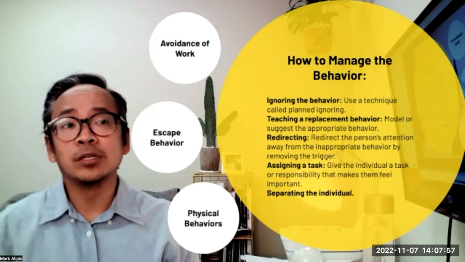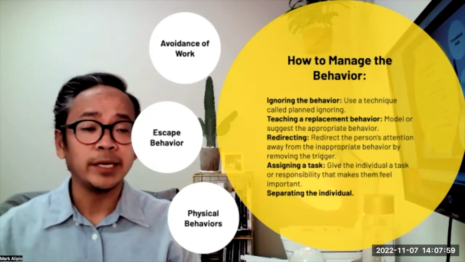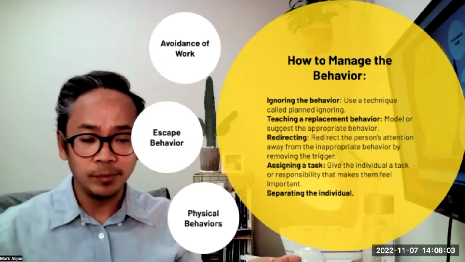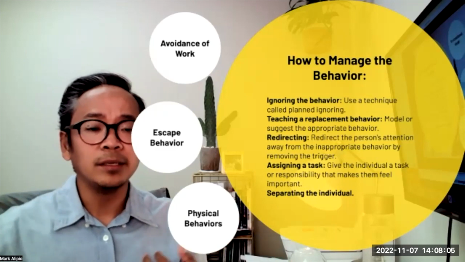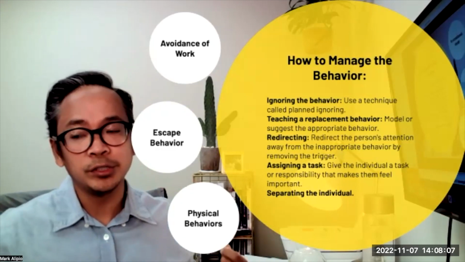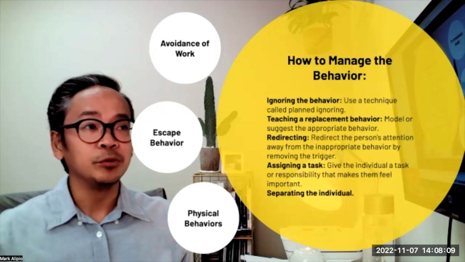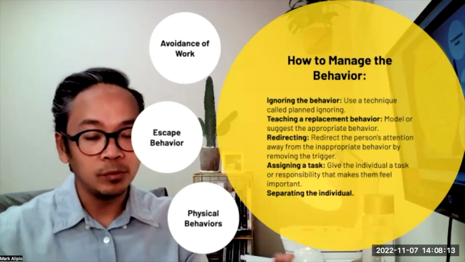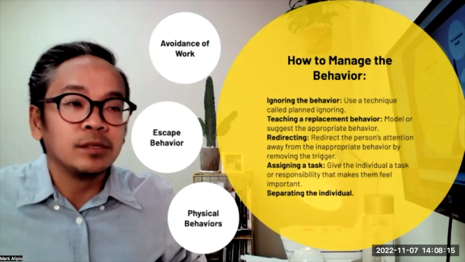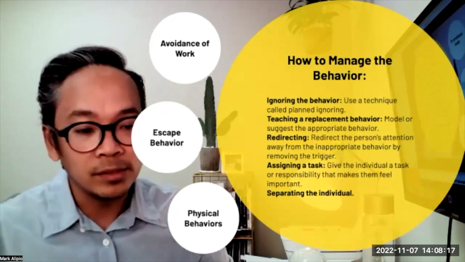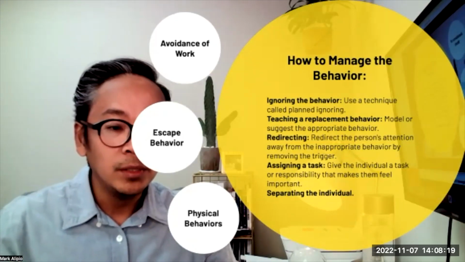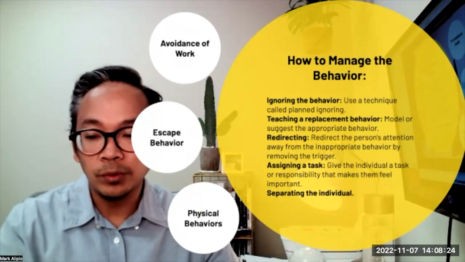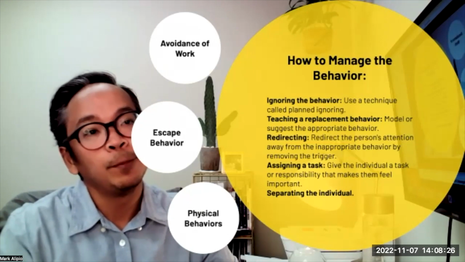When we talk about triggers, it is the imminent danger, right? Removing these stimuli out of the equation, so that way we can reduce the tension and start with the coping mechanism. Start with the supportive approach, so that the individual can then de-escalate, right?